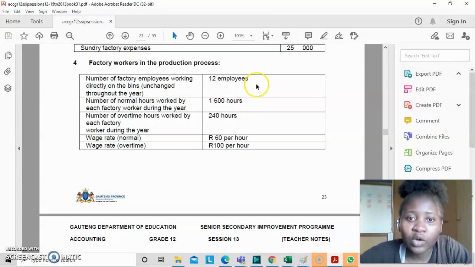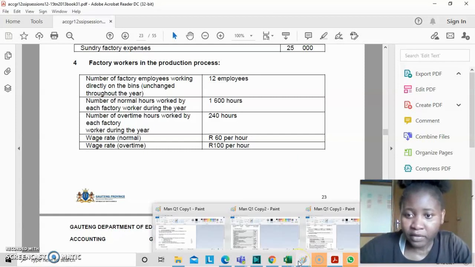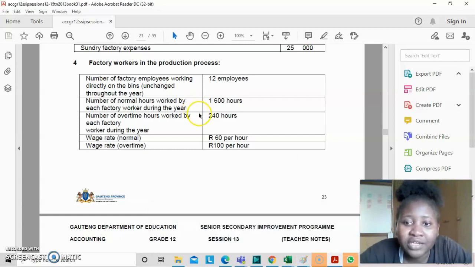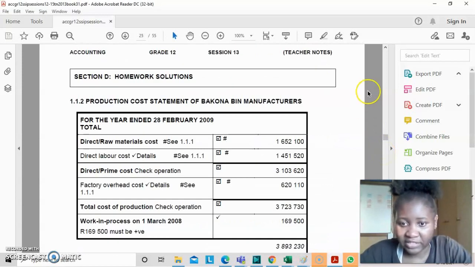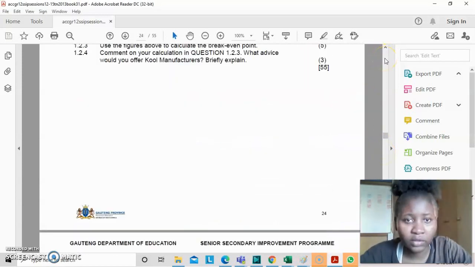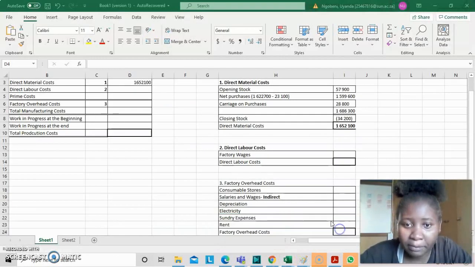After that, we multiply by the normal working wage rate, which is 60 rand. Remember, we are not considering the overtime for now. We'll do it separately and then come back to it.